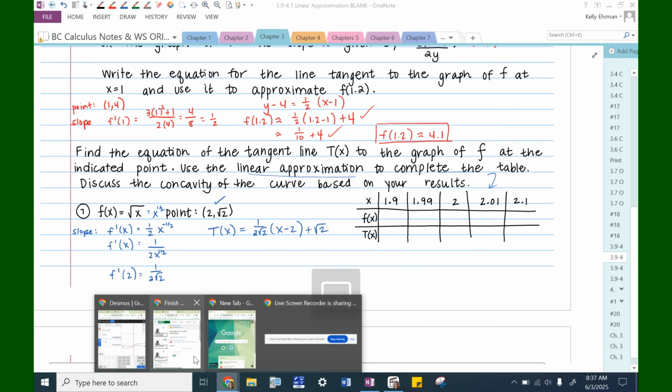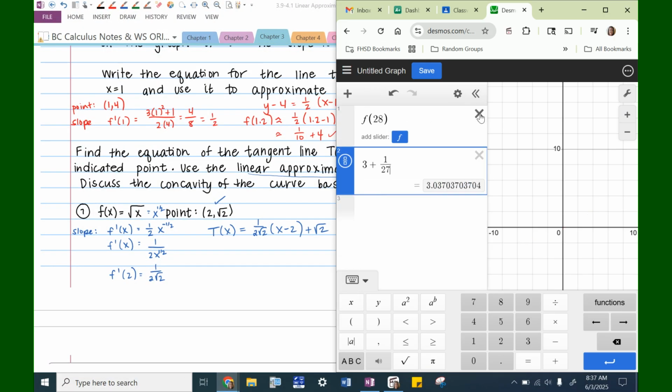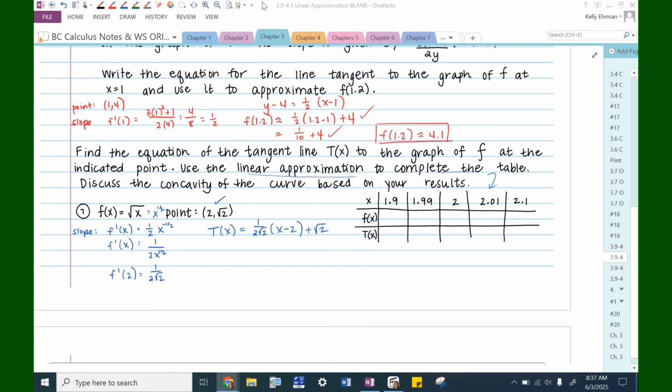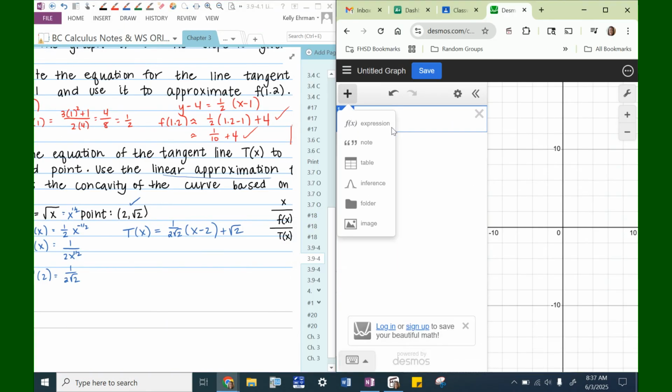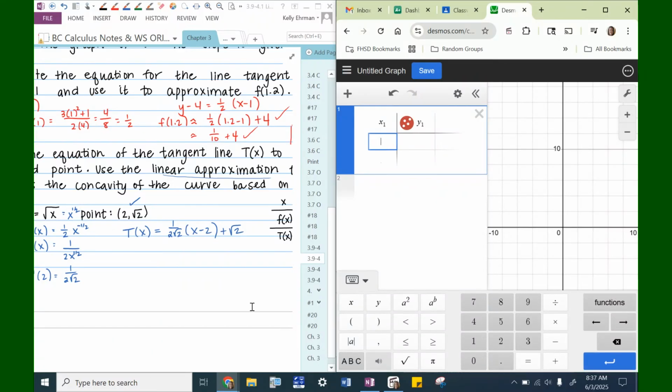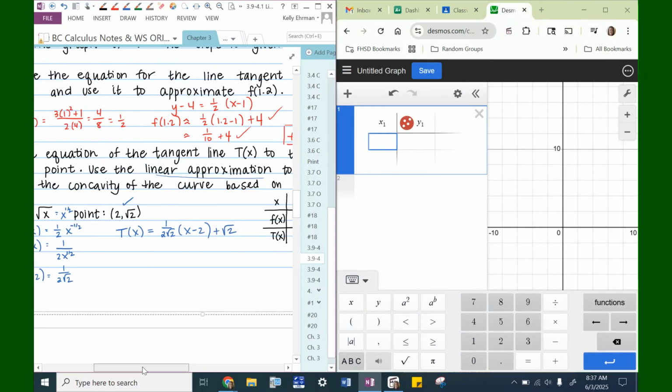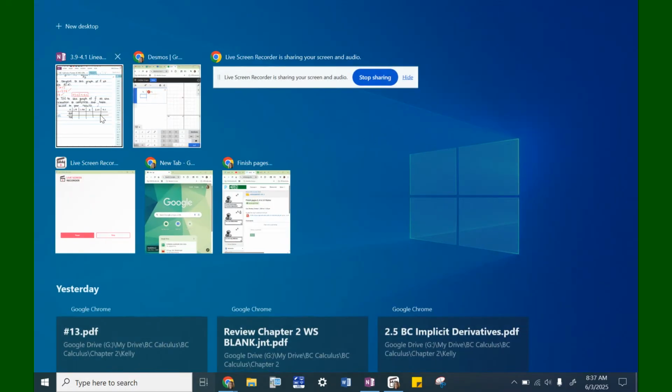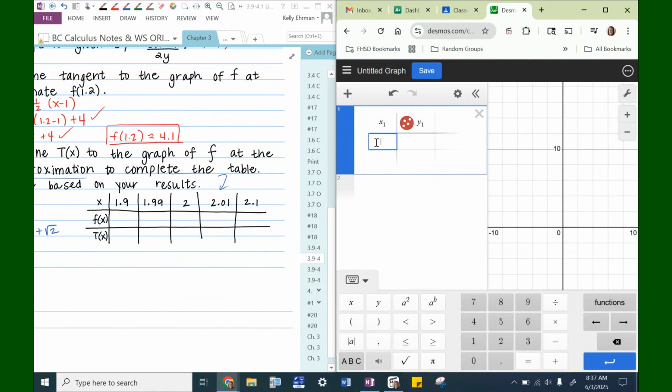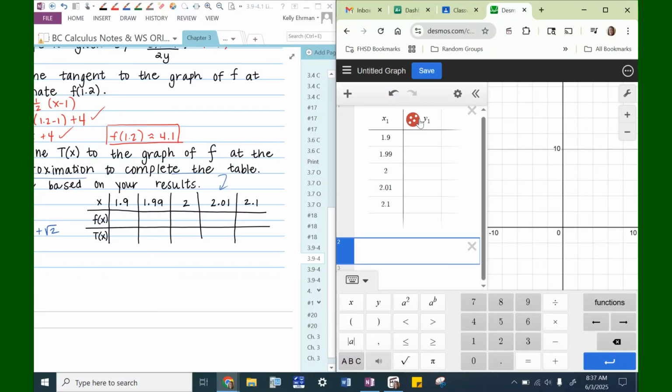I can set up a little table in Desmos. That might be kind of nice. Make things efficient. So we'll have the ability to set up a table on our AP test. Our inputs are 1.9, 1.99, 2, 2.01, 2.1. And, how do I want to do this?